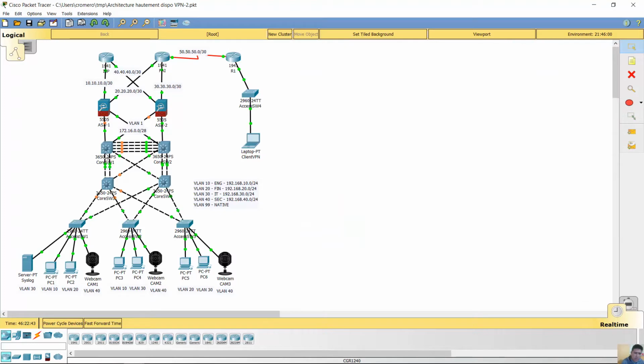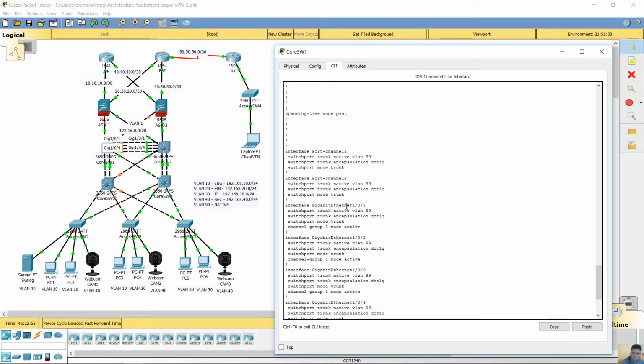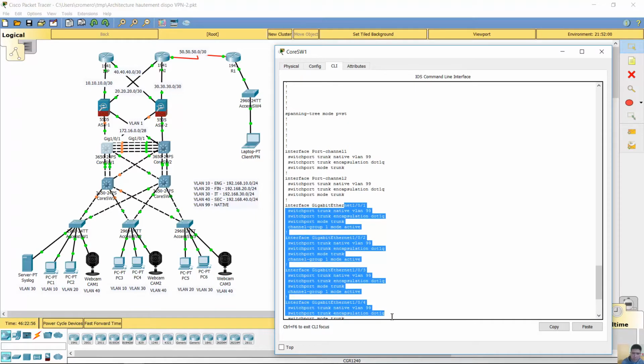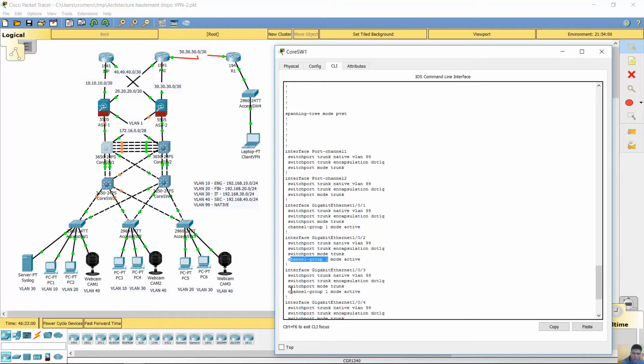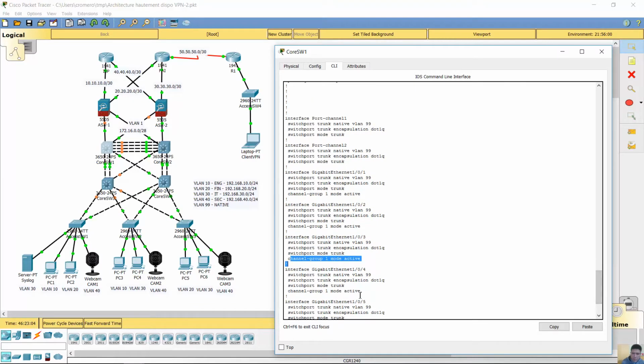And ports 1 to 4 forming port channel 1. Ports 1 to 4, channel group 1, are forming port channel 1.